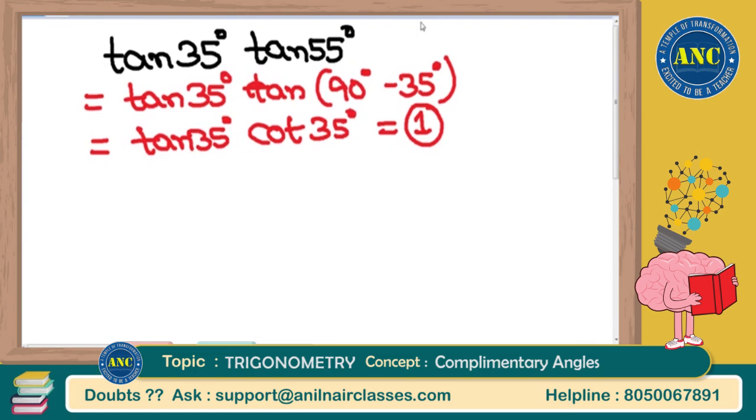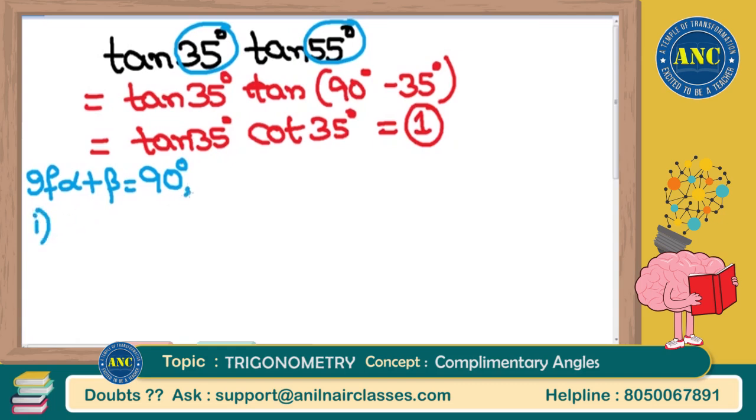Can I say that 35 degrees and 55 degrees, the sum is nothing but 90 degrees. That means, point number 1, if the sum of two angles alpha and beta is becoming 90, then I can conclude the following things.